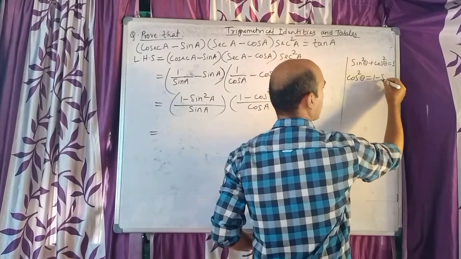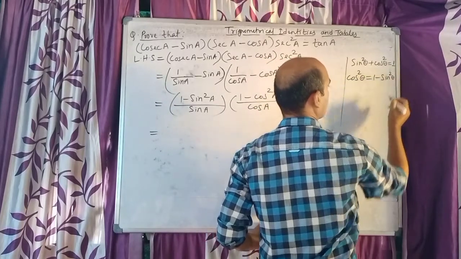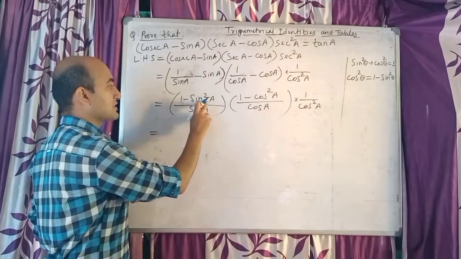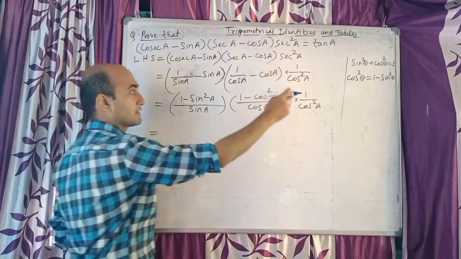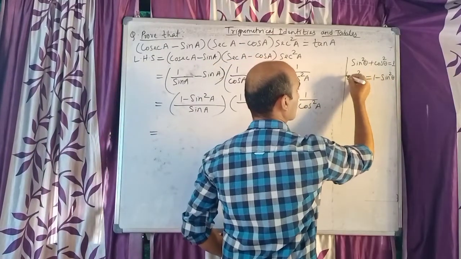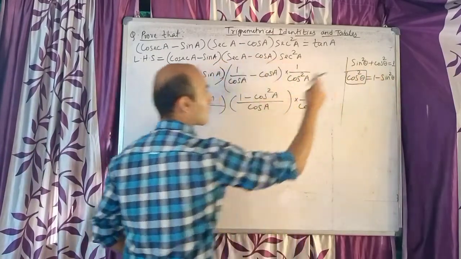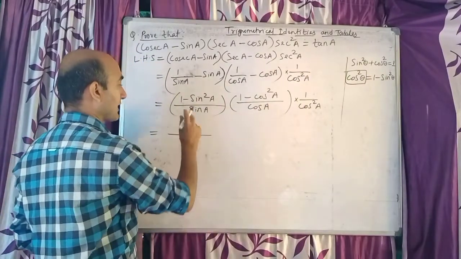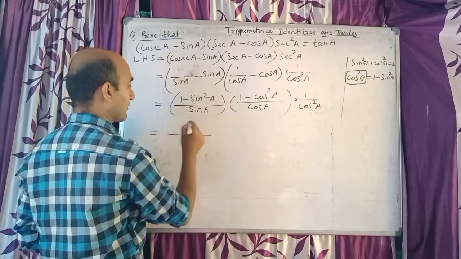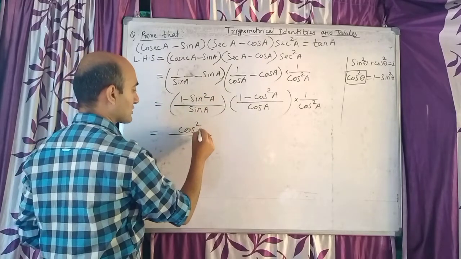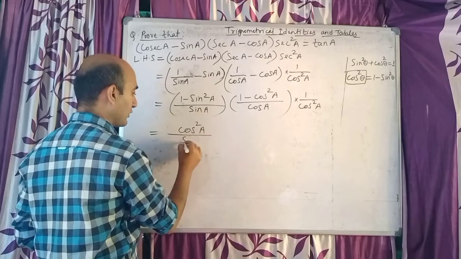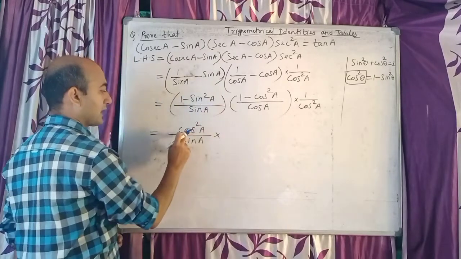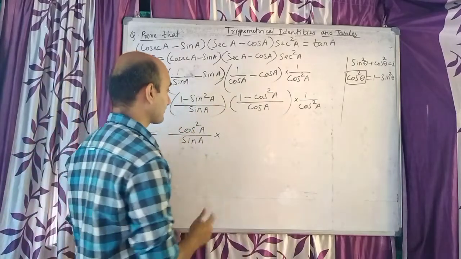It will become 1 minus sin square theta. Now you tell me, 1 minus sin square theta, 1 minus sin square A, same thing. So whose formula is this? It's a formula of cos square theta. So today same formula I will use here, and 1 minus sin square A will become cos square A, and below we have sin A. So this became cos square A.